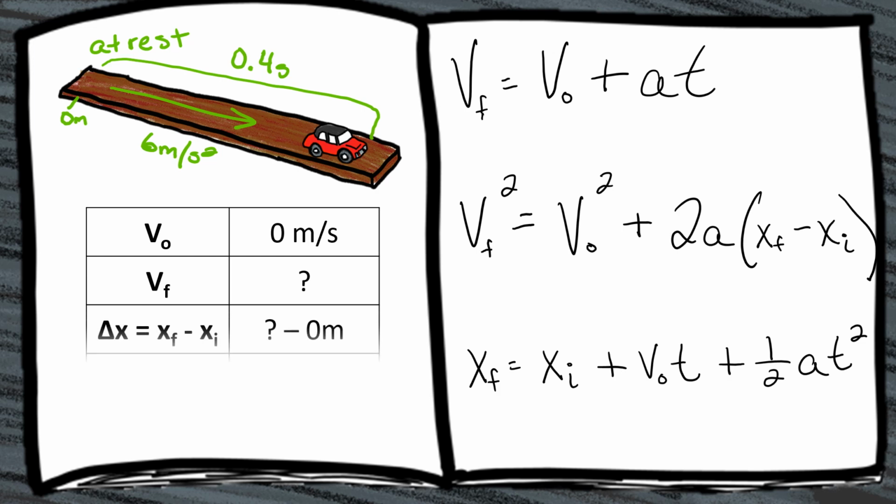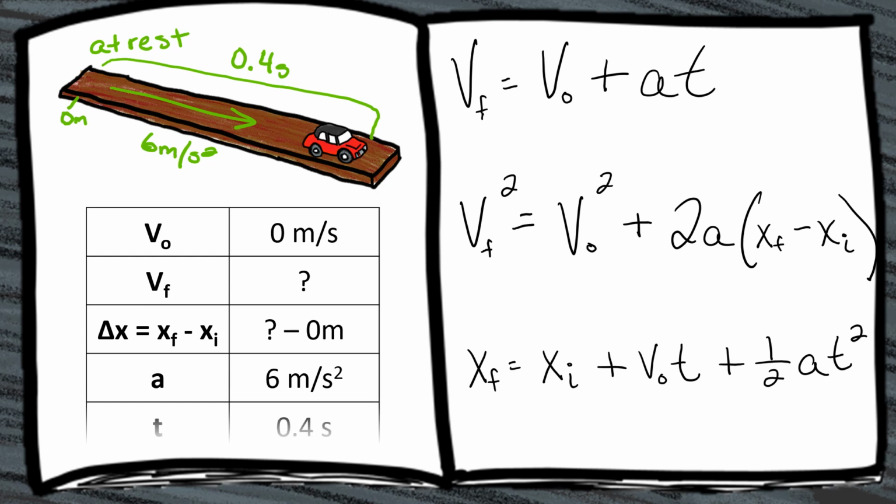And this particular problem is asking for final position. Thus, we could have a question mark on the final position minus the 0-meter mark, which is our initial position. Now, we know the acceleration is 6 meters per second squared, and the total time was 0.4 seconds. So now that we have listed it out, now what?